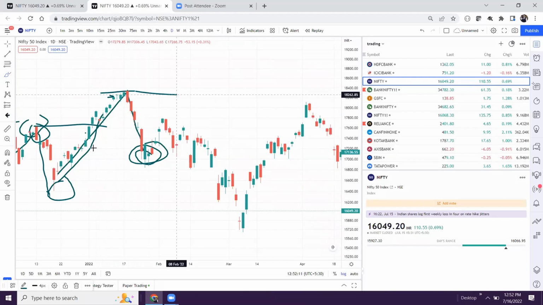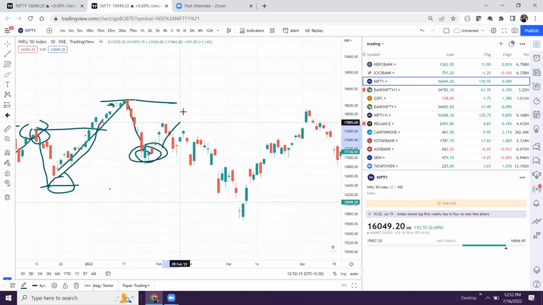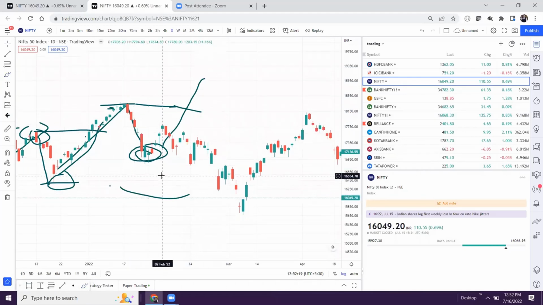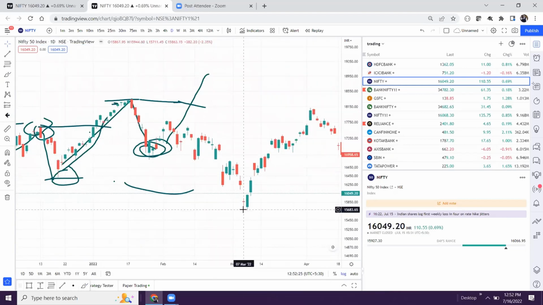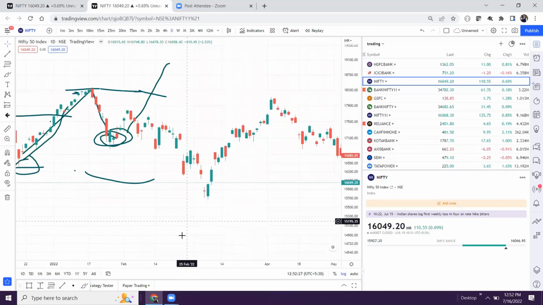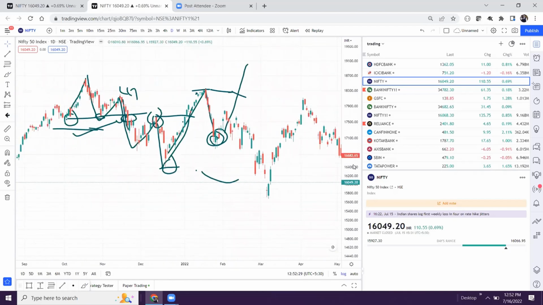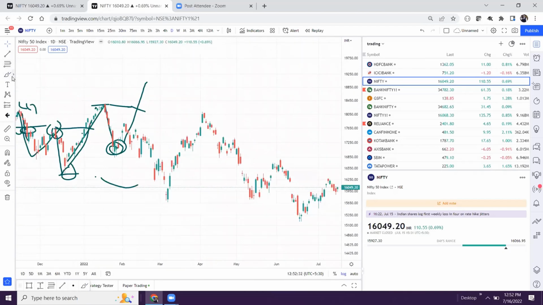If you fix this and this, if this was an uptrend, this should be broken like this, but it never happened. This was a high which is lower than this, and it again broke here. So now the reference point changes. The reference point becomes this again.